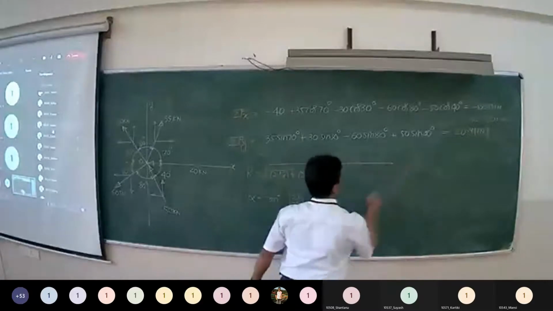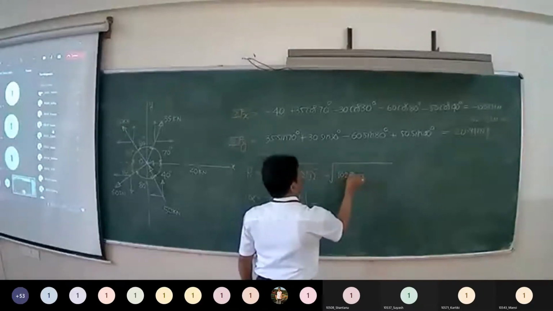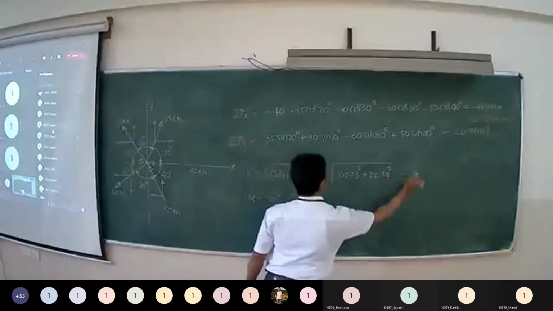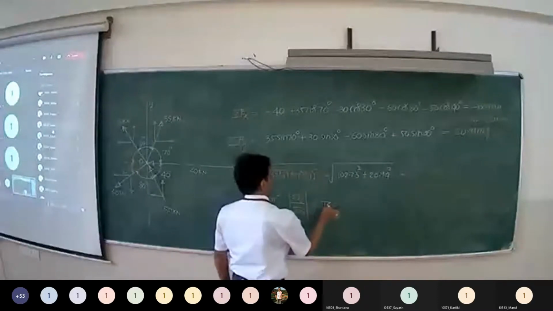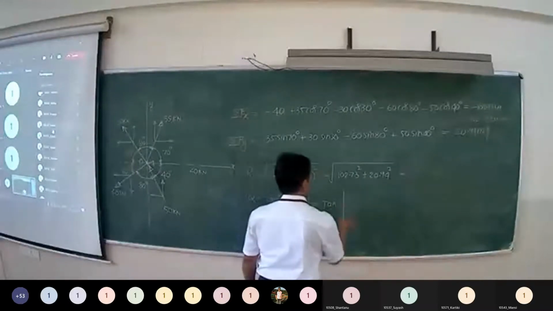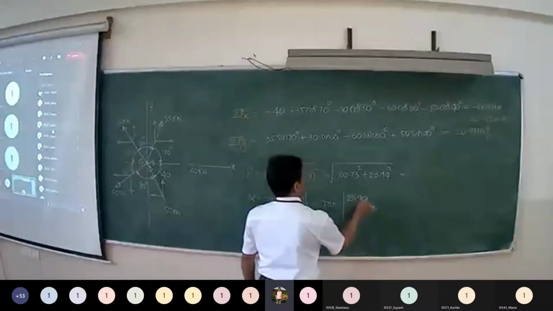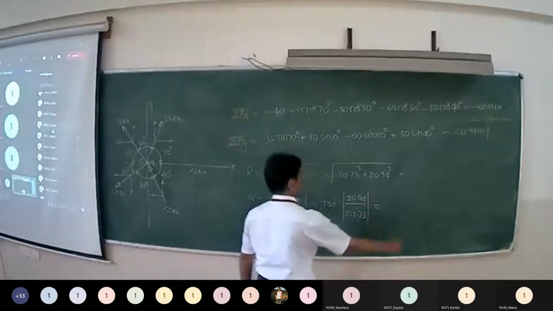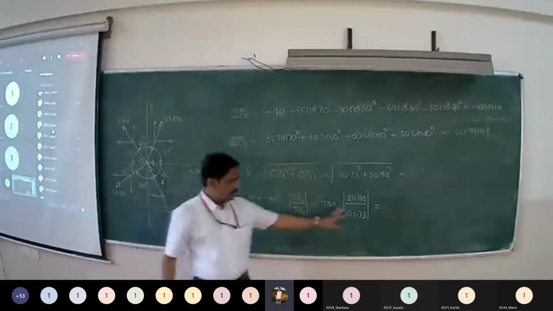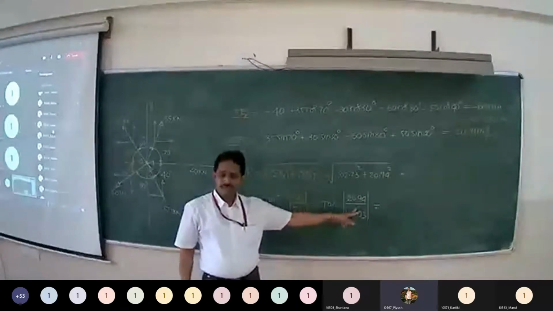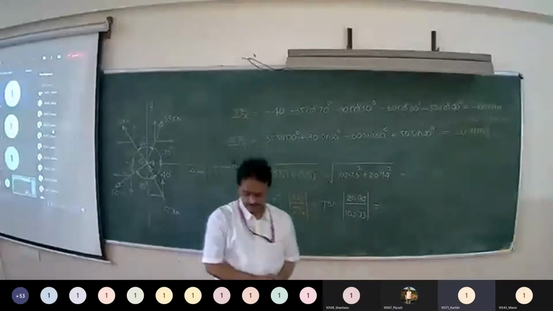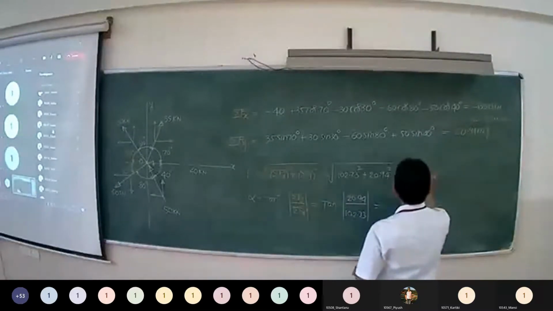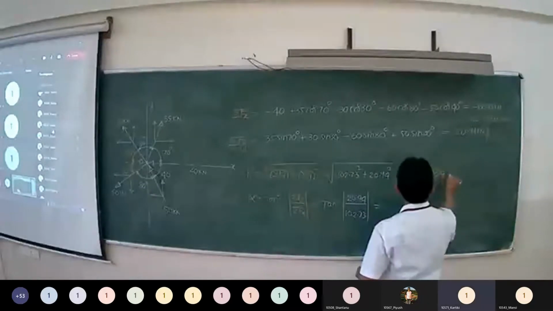Now the resultant is equal to the square root of 102.73 squared plus 20.94 squared. The resultant is 104.84.